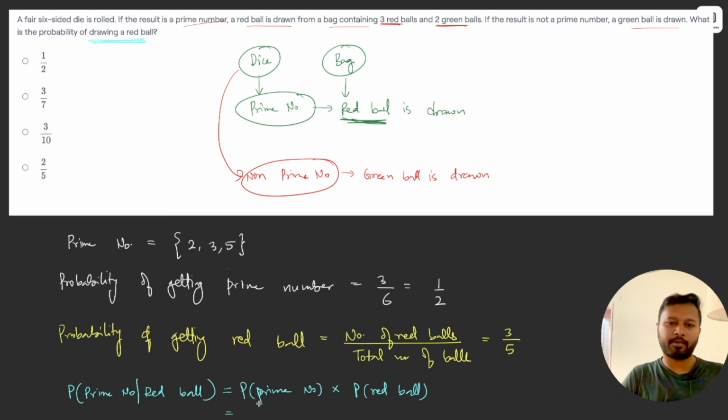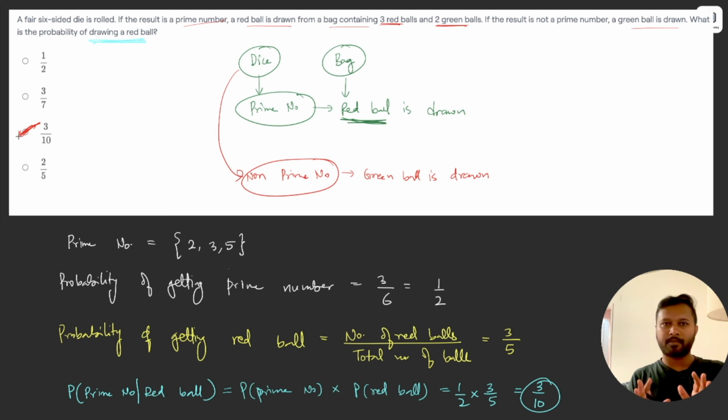The probability of the prime number you have already calculated, it is 1 by 2, and probability of getting a red ball is 3 by 5. Your answer should be 3 by 10. That should be your final answer, which is here in option number C. So option C is the correct option.